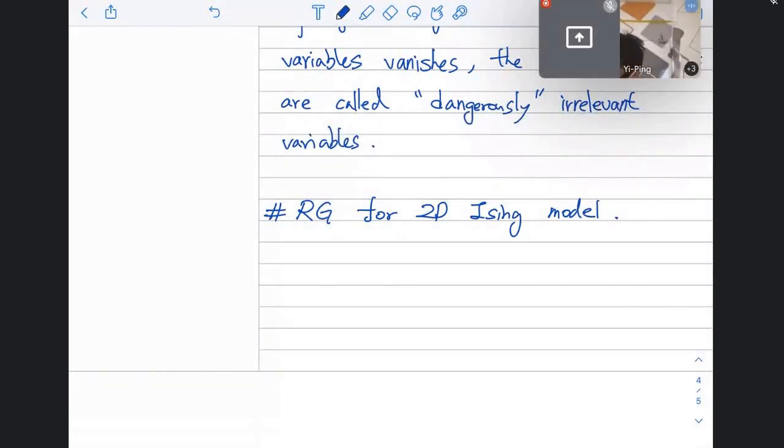But the RG flow comes with a price. The price is that you are not able to do the transformation exactly as you have done in 1D. It involves some kind of approximation.